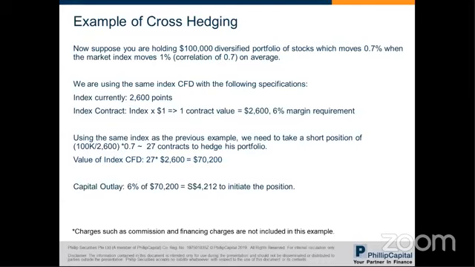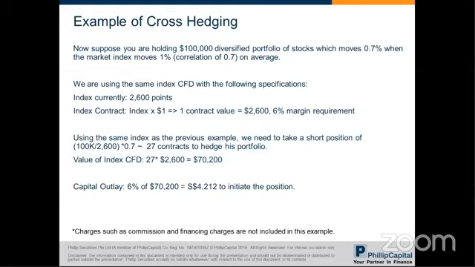So we use this same index CFD to hedge it, using this correlation to try to protect your portfolio. Assuming the same specifications for your index, currently about 2,600 points, and the same contract value, one contract is about 2,600 with the same 6% margin requirement.